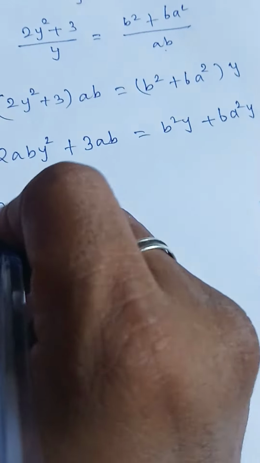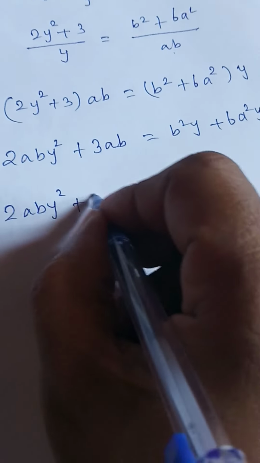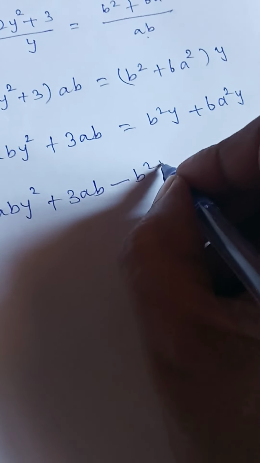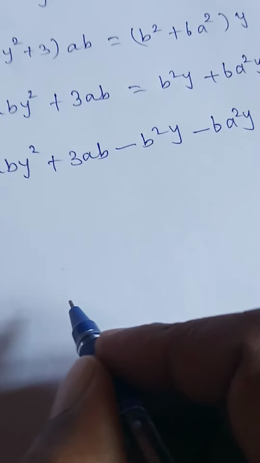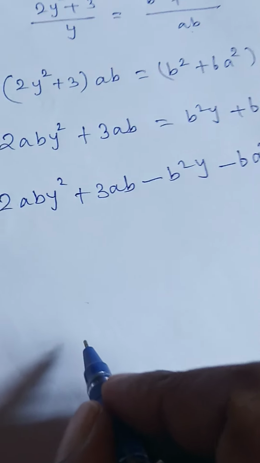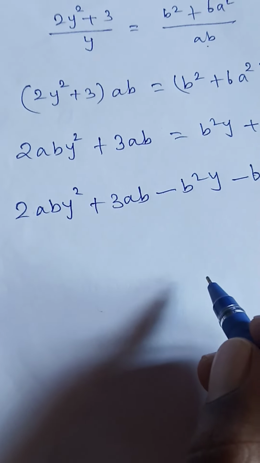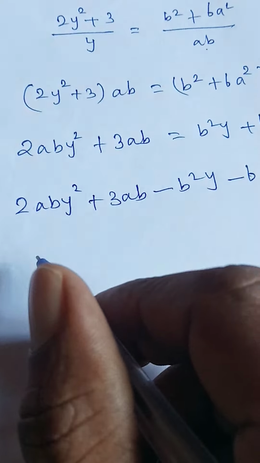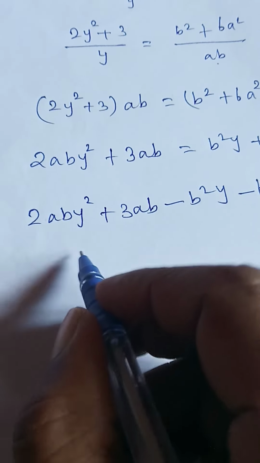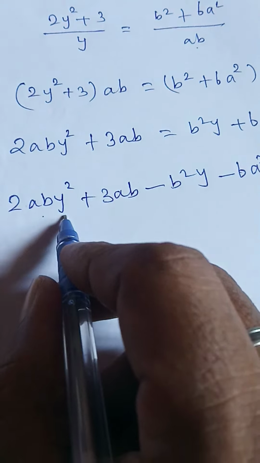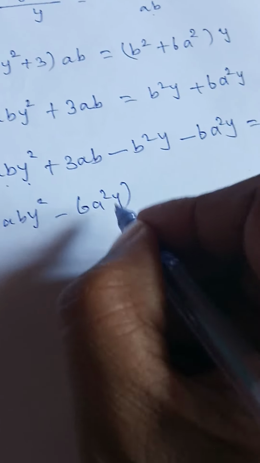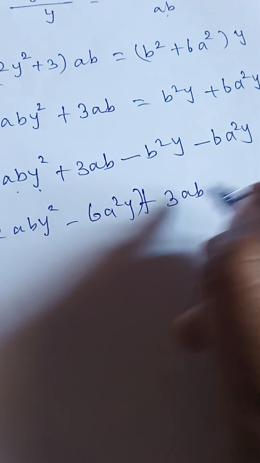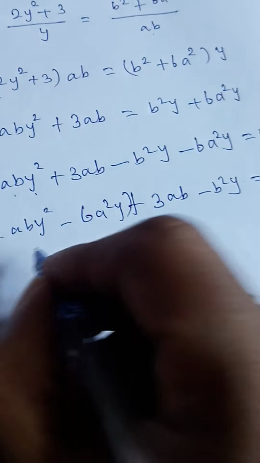Then the left hand side: 2ab y square plus 3ab minus b square y minus 6a square y is equal to 0. Next, compare the terms; two terms are common. Compare the two terms: 2ab y square minus 6a square y, plus 3ab minus b square y is equal to 0.